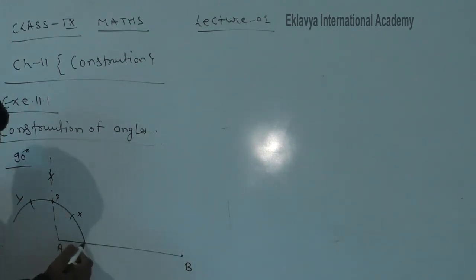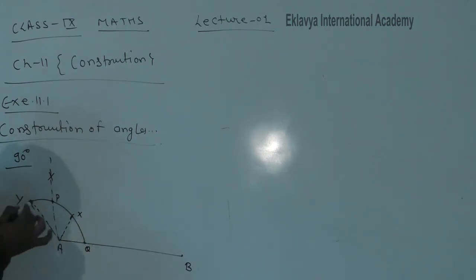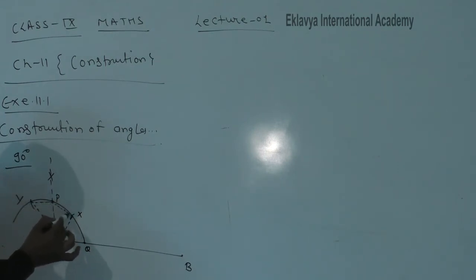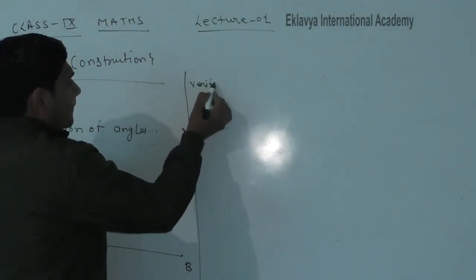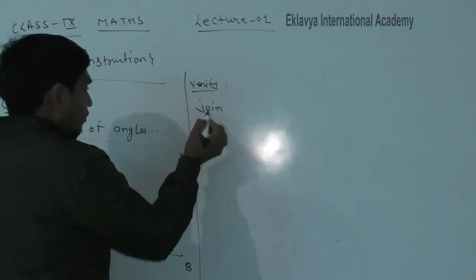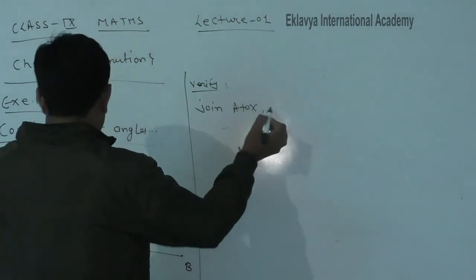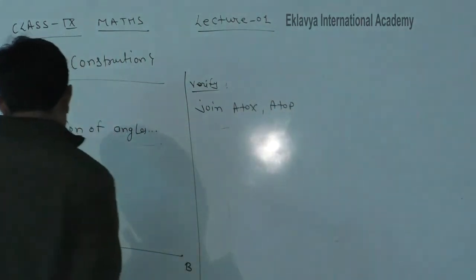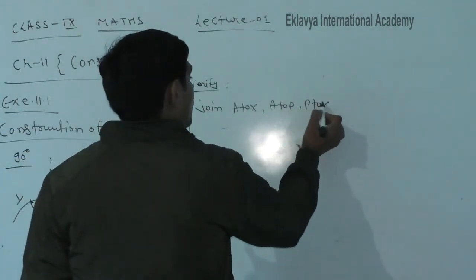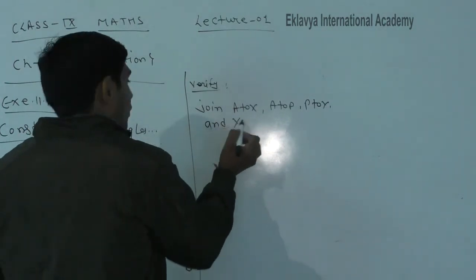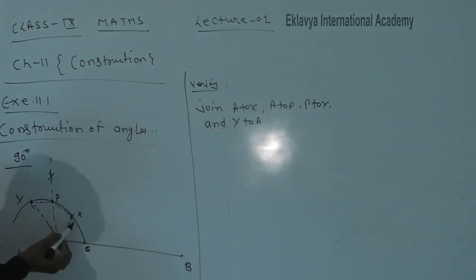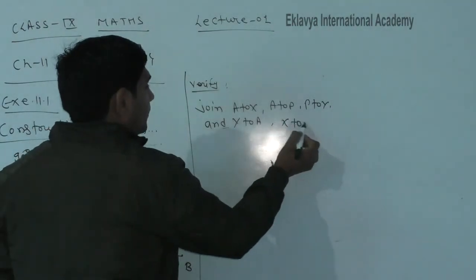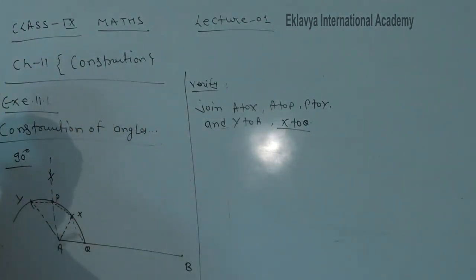First of all, we will join here point Q. In the verification process, join A to X, A to P, P to Y and Y to A. And that also, get this joined too, X to Q.